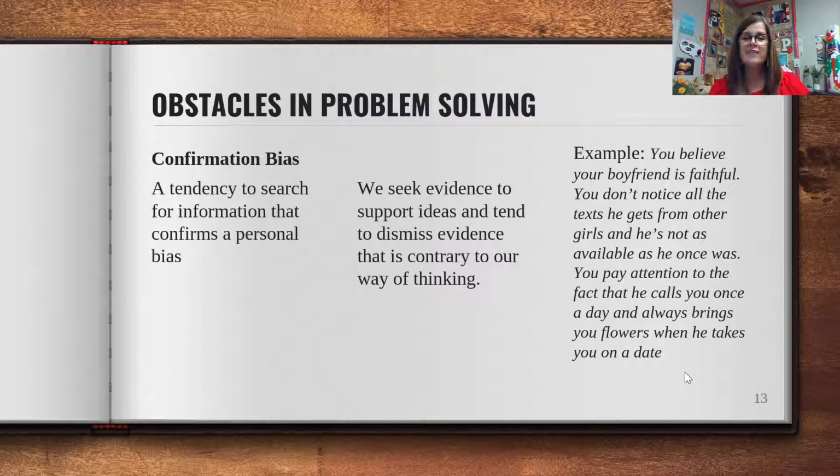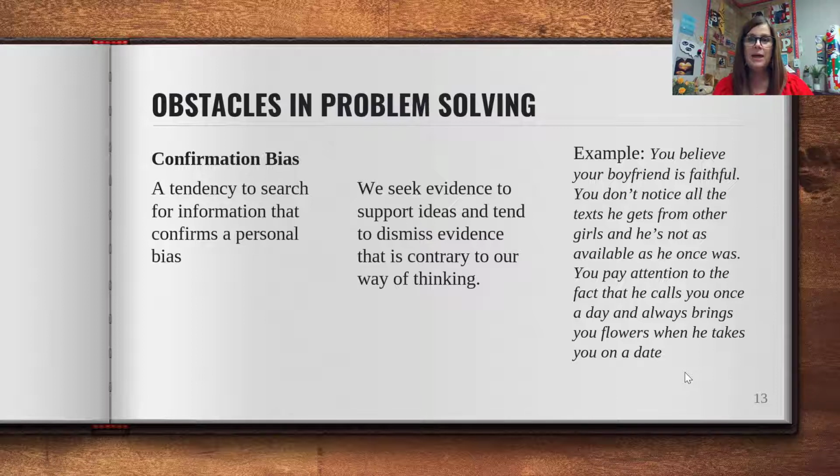You can show me all the evidence in the world about an idea, but because of confirmation bias, I know this to be true, regardless of the evidence that you might be showing me. So another way to look at this, you believe that your boyfriend is faithful, and you don't notice all the other texts that he's getting from girls, and that he's not available like he once was.